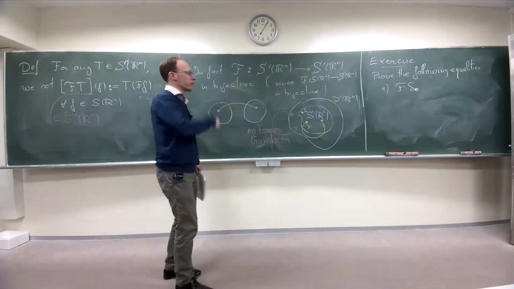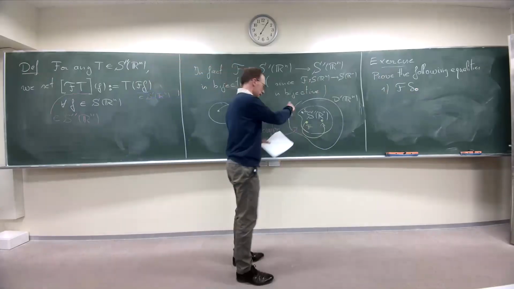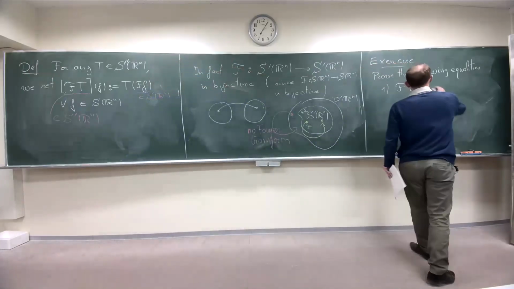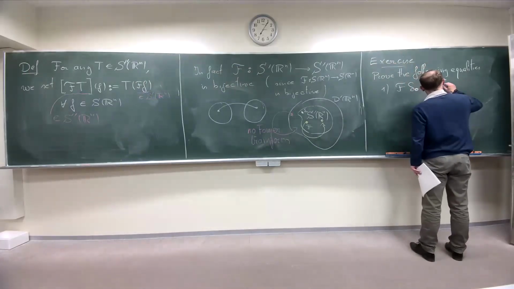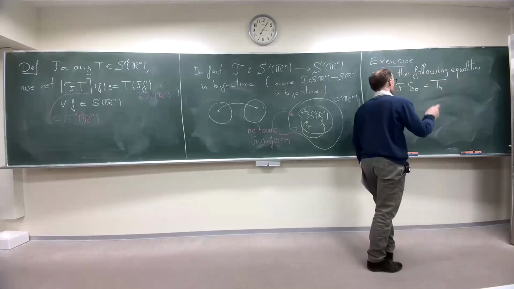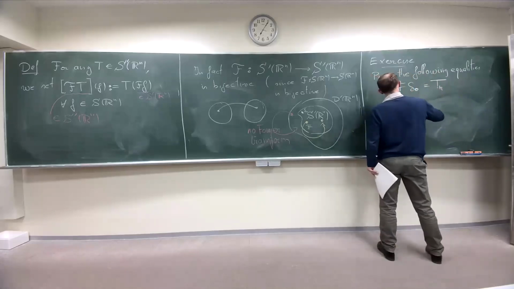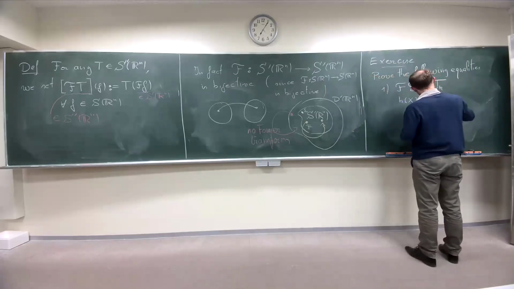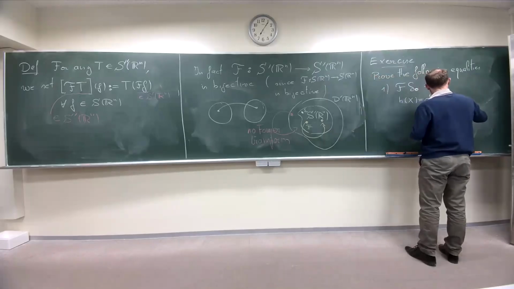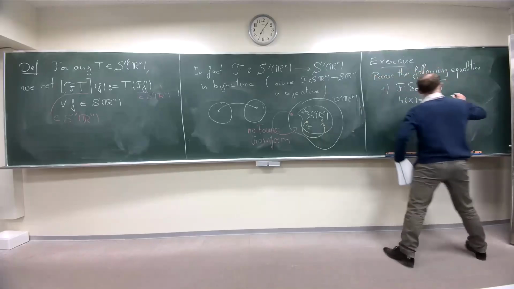So I can apply the Fourier transform because it is in this set. And I'm claiming, or you have to show, that it is a tempered distribution for the special h, h of x is a constant, 1 over (2 pi) to the n over 2. This is a constant function.